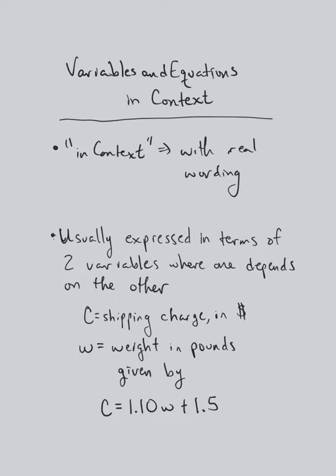There are a couple of things to take from this on the next slide, but the main thing right now is to see that in many in-context situations there are two variables, but it's not as complicated as it seems, because one variable depends on the other. That means you'll have C equals, or whatever the variable is, by itself over here.